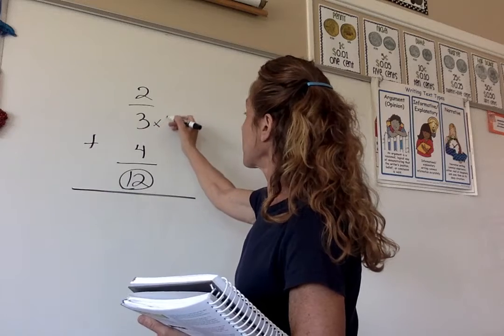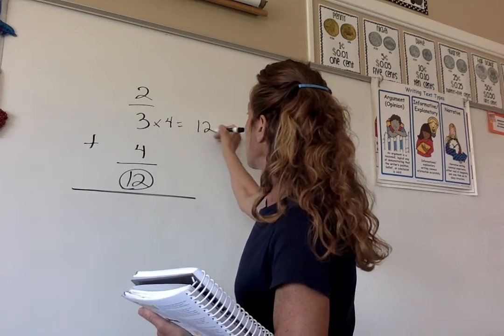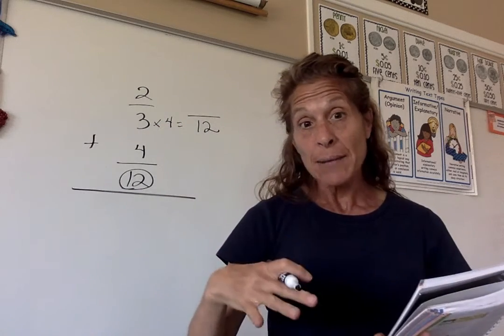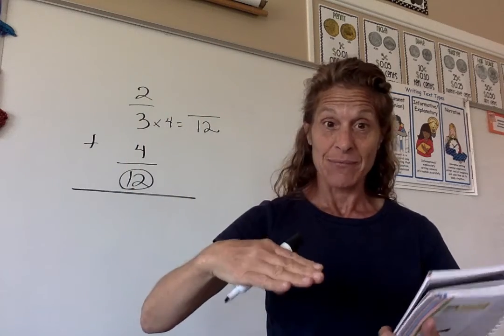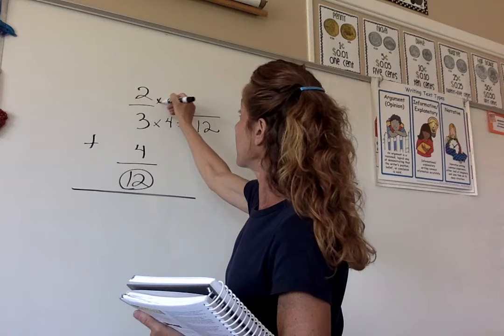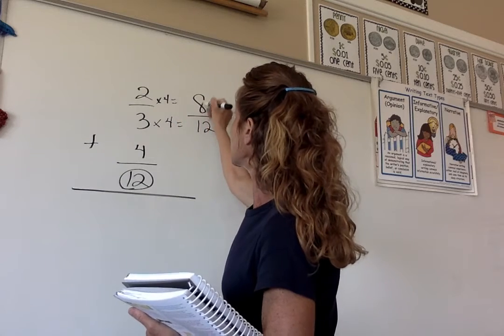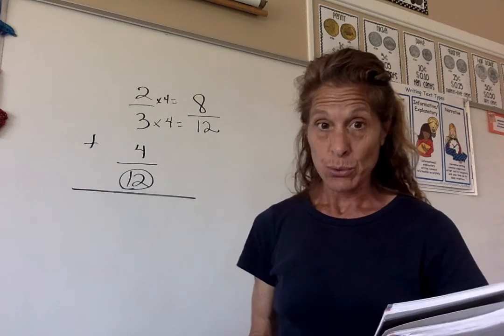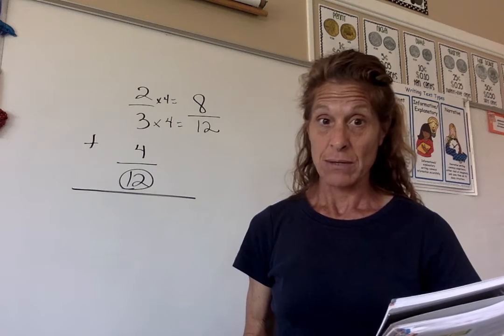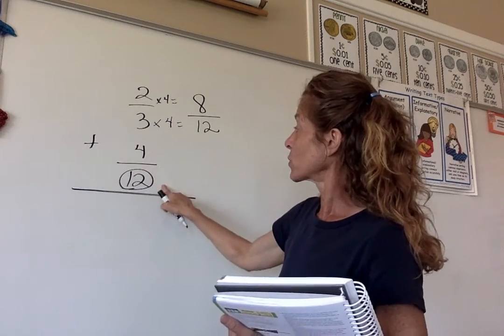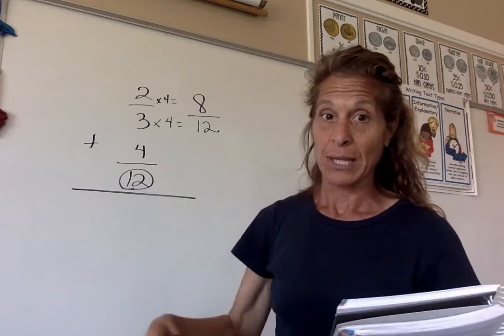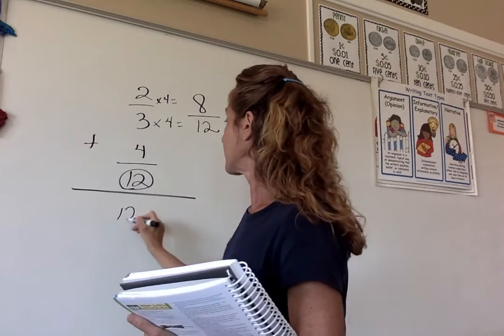So we're going to multiply the 3 times 4. That equals 12. Whatever you do to the bottom, you have to do to the top. Whatever you do to the top, you have to do to the bottom. So multiply this by 4, and we get 8. So our new addition equation, 8/12 plus 4/12. What is 8 plus 4? 12.